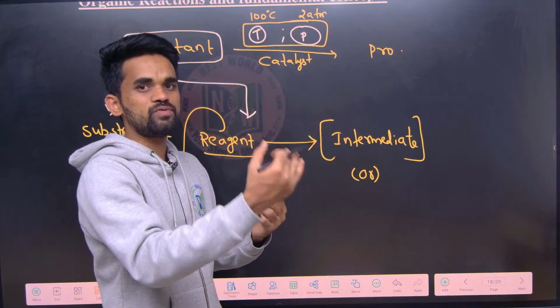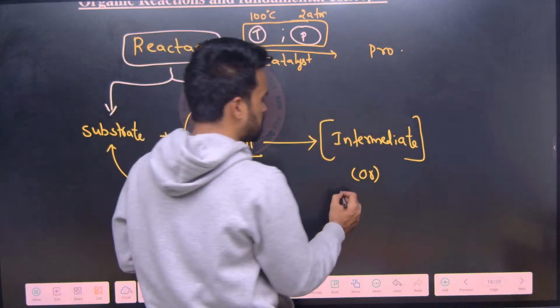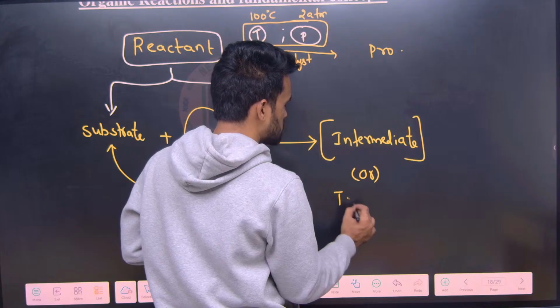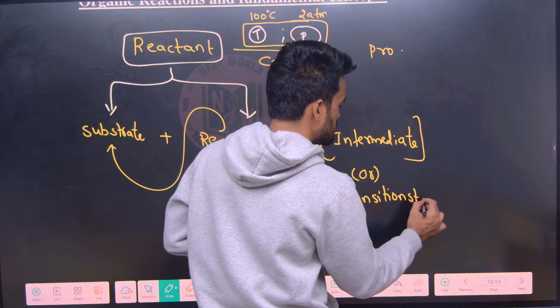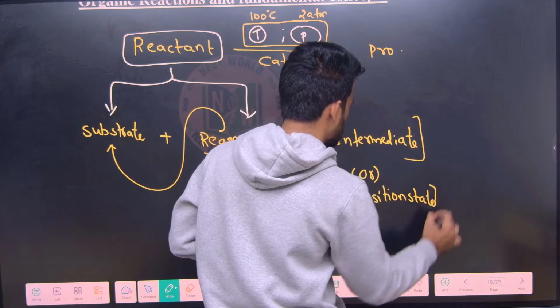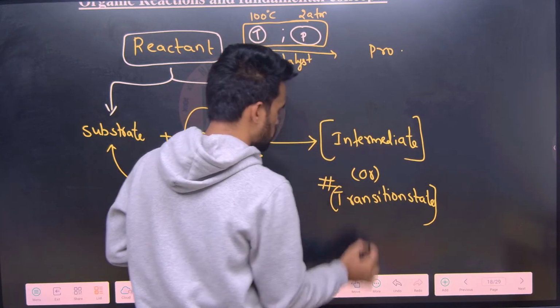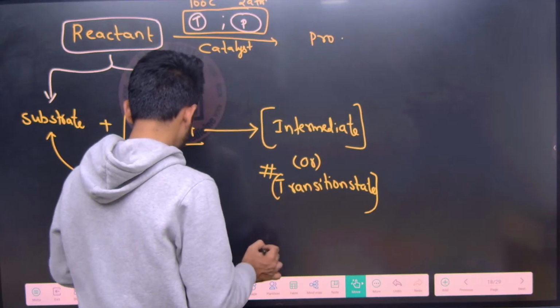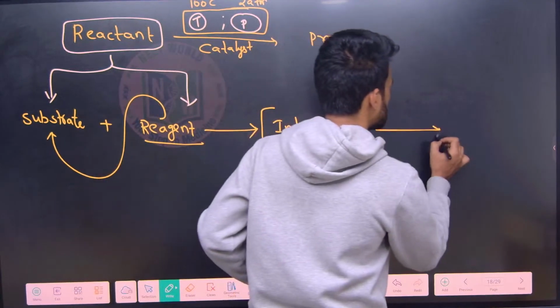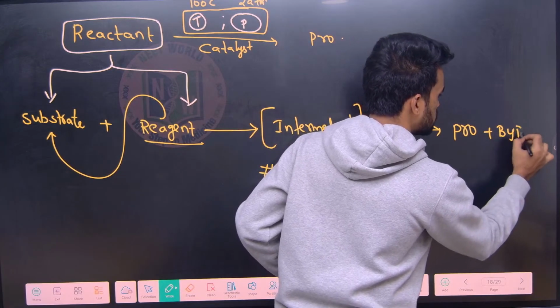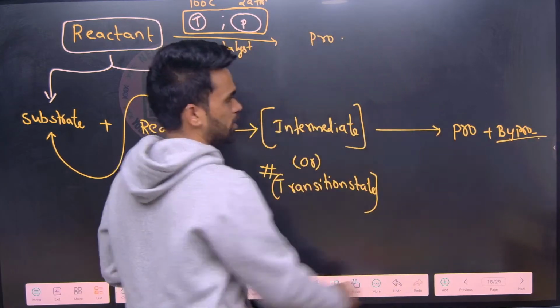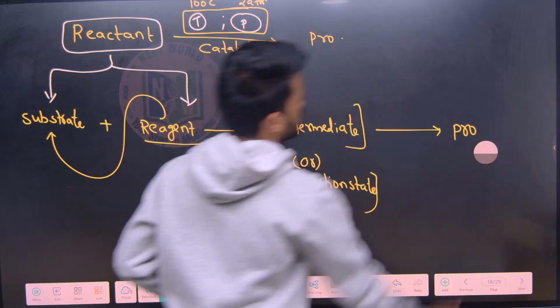If directly product formation is taking place, there we will see something called transition state. So this is how the basic structure of a chemical reaction looks like. Finally it will give us the product, and some byproducts are also formed here. You can mention it as product, that is enough.